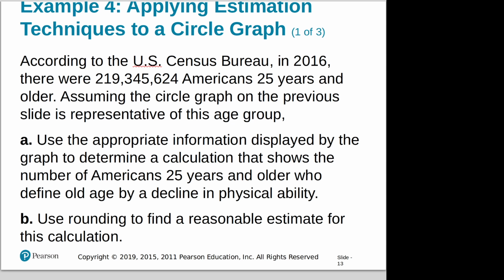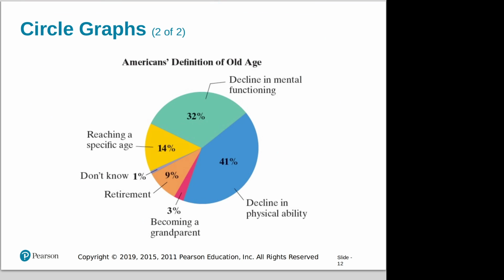So we're going to round the population to 200 million. And what we're going to use is we want to know the decline in physical ability, which is 41%. So if I come back here, 41% is 41 per every 100 million. So I have 2 of those.